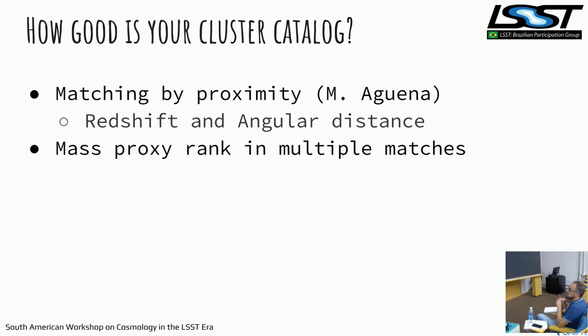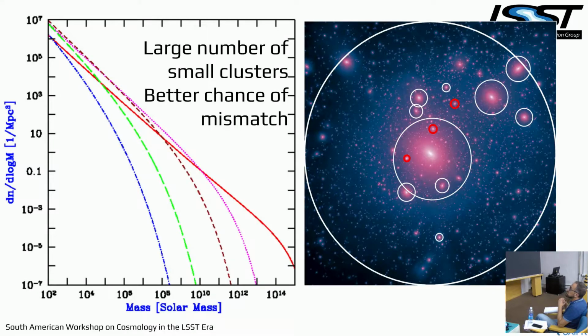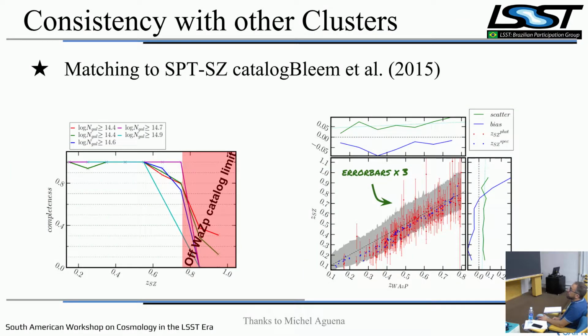But then there is an issue. In the mass function of galaxy clusters, you have many more lower-mass clusters, so you have a high probability of having lots of small clusters near your cluster and getting a mismatch. So you also have to rank by mass, or by some sort of mass proxy, to have a proper match.